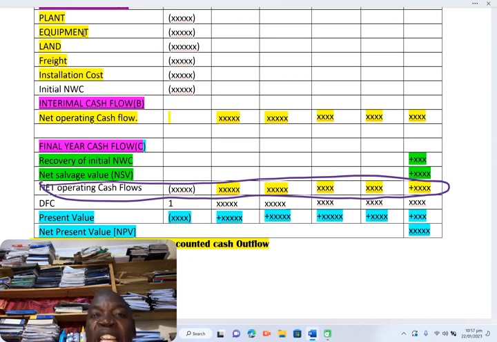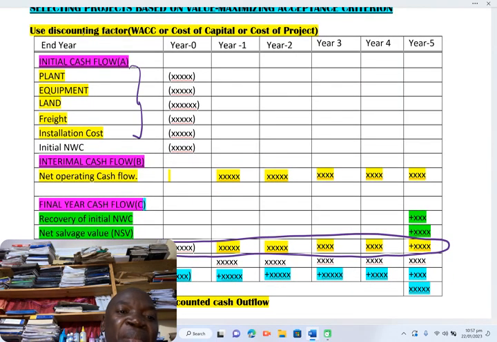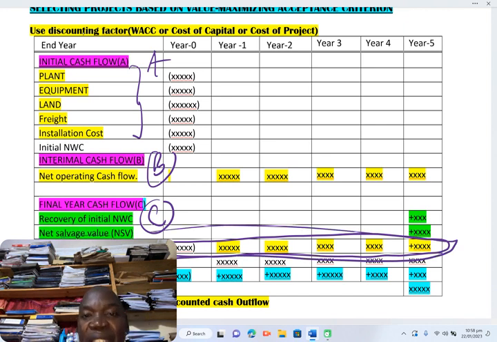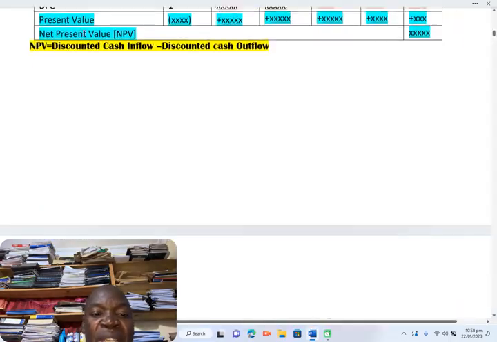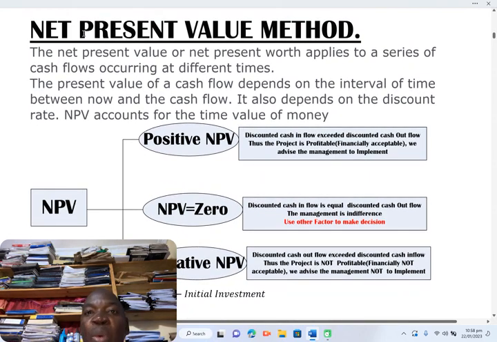Or the examiner can provide you with single items of cash classified A, B, and C, so that you reach the final level of operating cash flow to be discounted. Now, let me go to the essence of the problem. For today's discussion, we are talking about the net present value method as a method of appraising projects in capital budgeting.